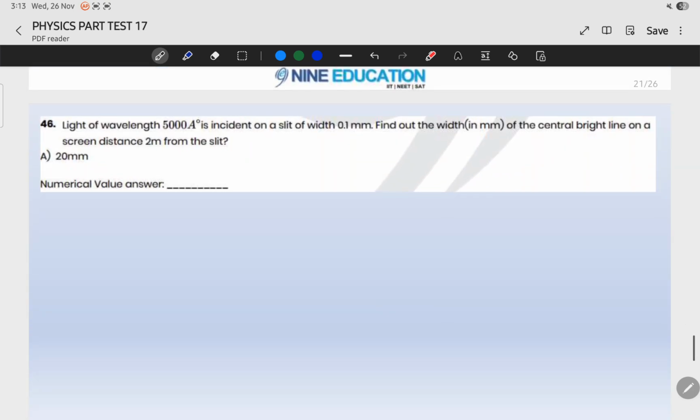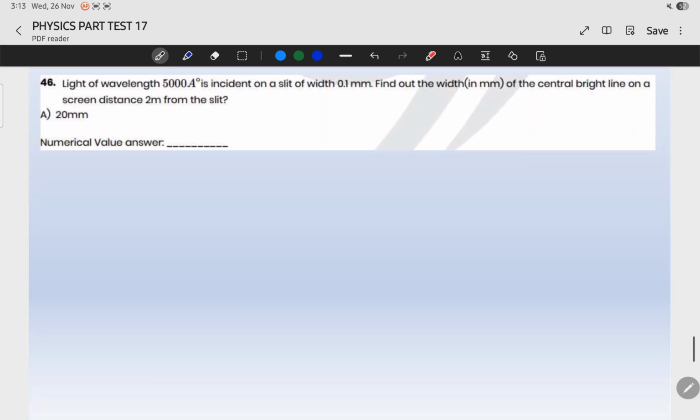Next question. Light of this wavelength is incident on a slit of this width. Find the width of the central bright line on the screen. This is basically a question of Fraunhofer diffraction.